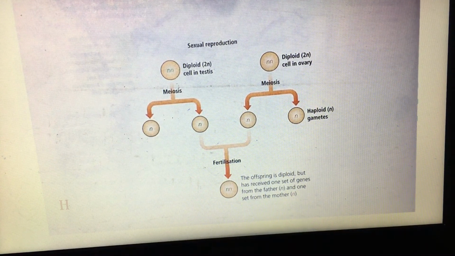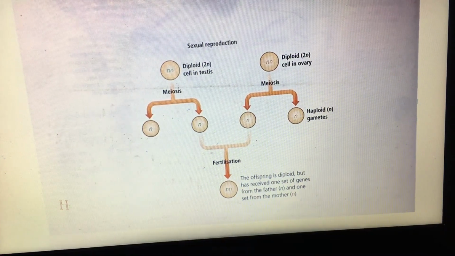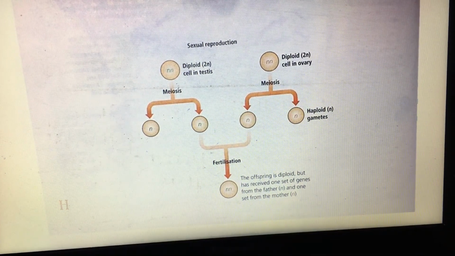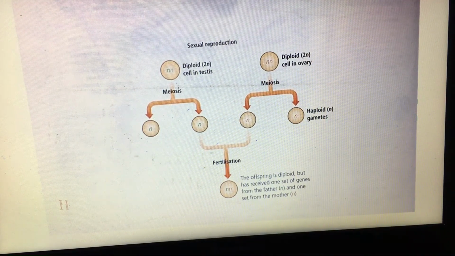You have to know that this process is not random. Actually, there are certain rules that govern how genes will pass on. Now let's understand these rules. We have to know some specific concepts before understanding them.